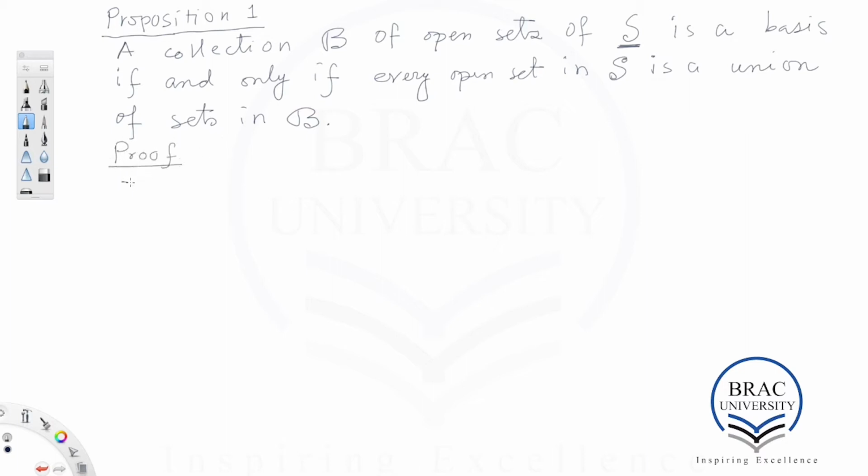Okay, so here is the proof. So first we prove this direction. So you break down this if and only if with this both-sided arrow. So now we are going to prove this direction. So we are given a collection, in fact, well, let me write it as a sub-collection.